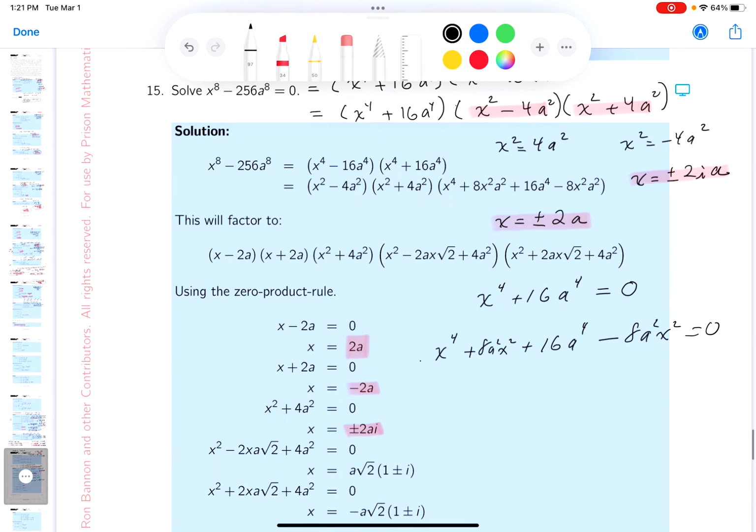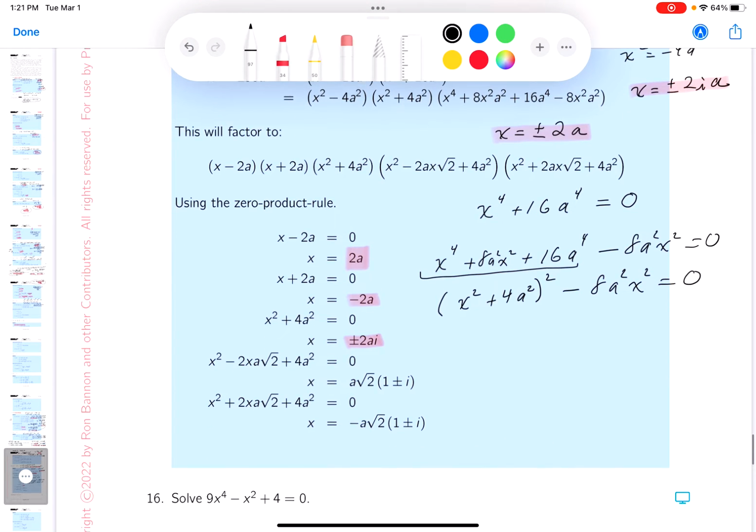Now, why are you doing that? This becomes a perfect square, and what's that going to be? x squared plus 4a squared, squared, minus 8a squared x squared equals 0. Yeah, it's trouble. I'm not saying it's not, but I got to do something now. Well, I got to factor it.